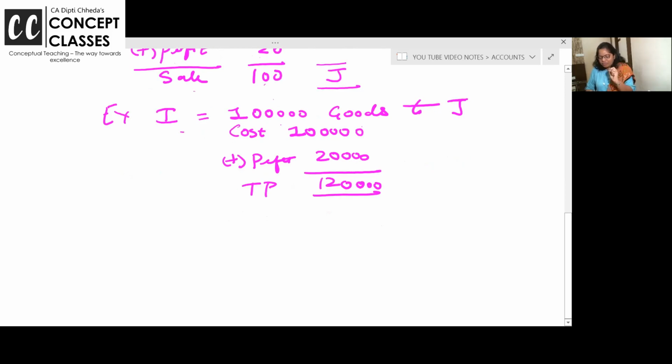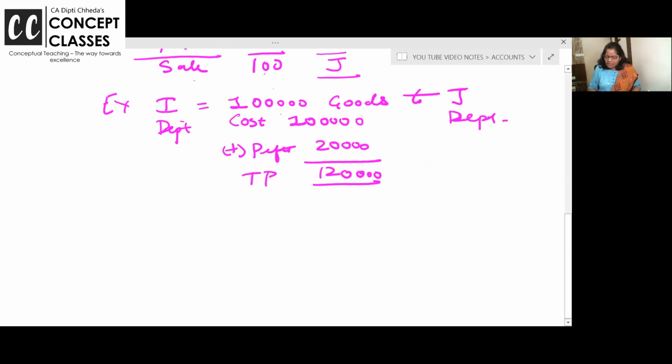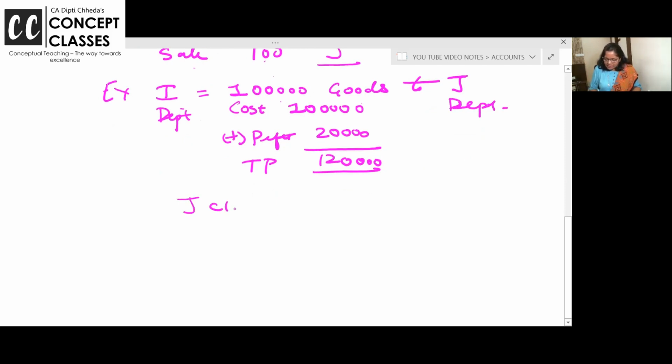1 lakh with a profit of 20,000, I is transferring to J. I department is transferring to J department. And J department has used it for production or sold it, whatever, it is finished. J has closing stock of 30,000, which has come from I. Now I and J are part of the same company.